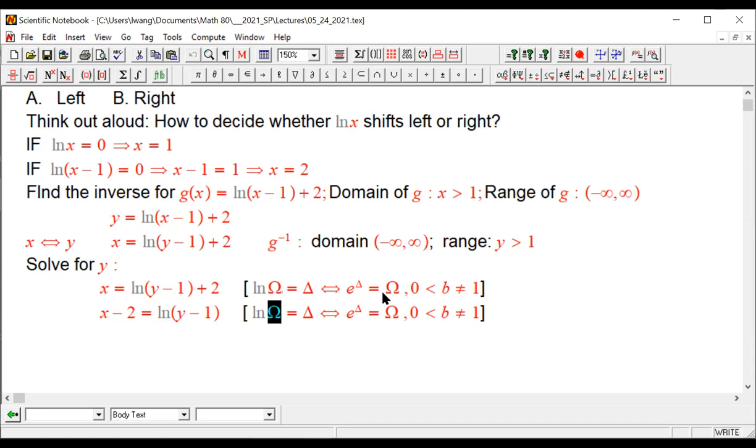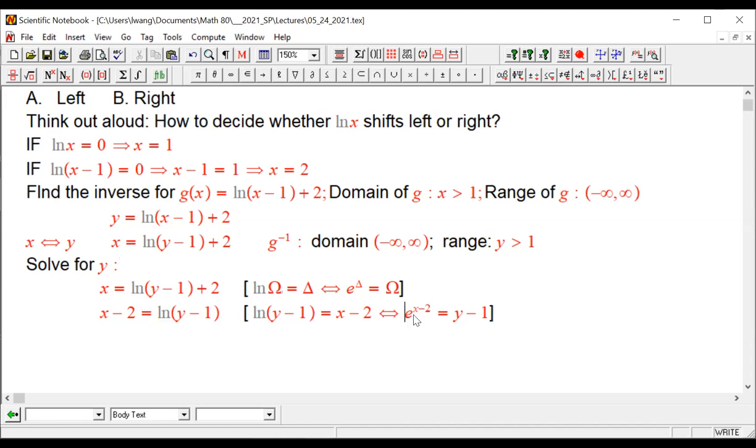So omega is y minus 1. We don't need to be here anymore because e satisfies the required condition. Omega is in place. What is triangle? x minus 2 is the triangle.